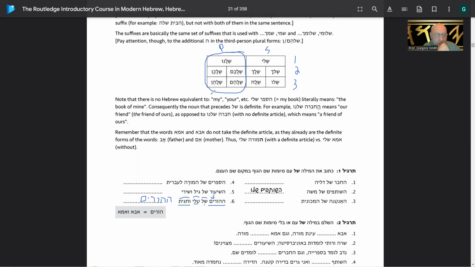So I think Tali is female and Hagit is female. So I'm going to go with shall hen. Let's see if that is the correct answer.